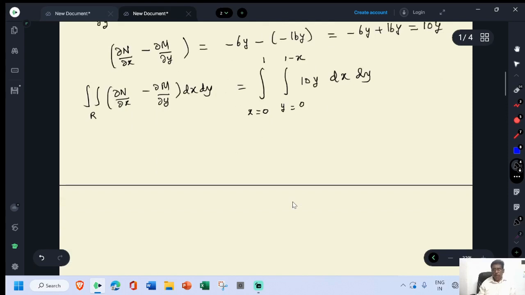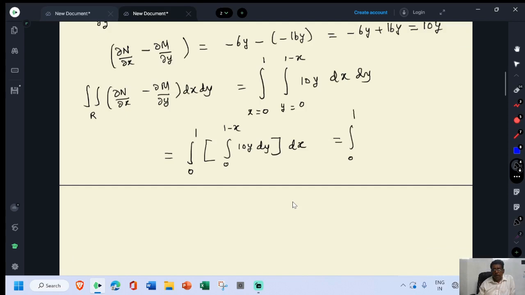Now this is equal to the integral from 0 to 1 of the integral from 0 to 1 − x of 10y dy, the entire thing multiplied by dx. This is equal to the integral from 0 to 1.